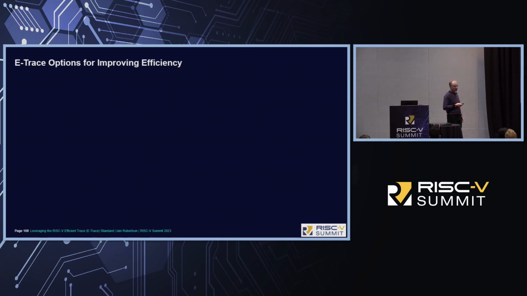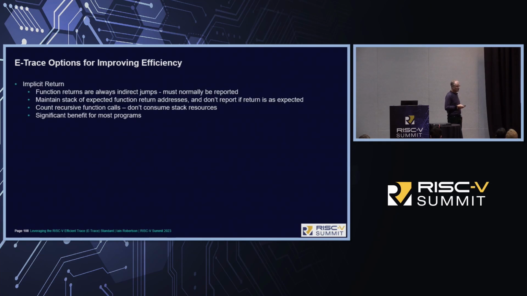So, continuing with the efficiency theme, I'm going to look a little bit more closely at the options available for improving the efficiency. And the first of those is what's known in the eTrace spec as implicit return, sometimes referred to as a call stack. So, programs typically contain a lot of functions. When a function is called, the return address for that function is pushed onto a stack.